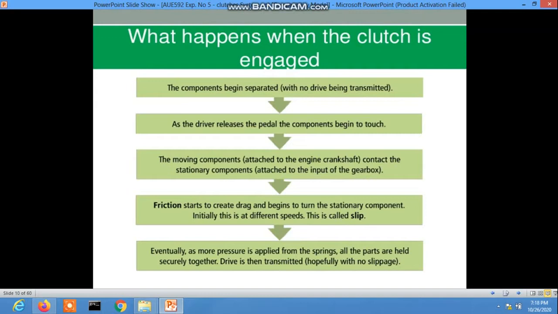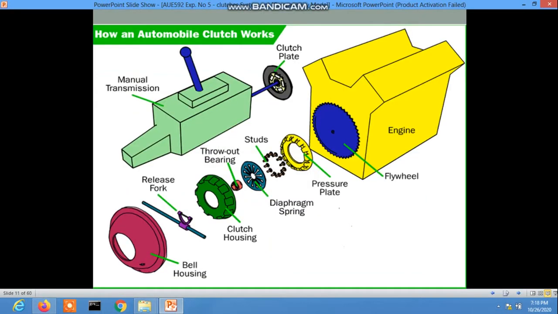Now here is the picture of how an automotive clutch works. This is the manual transmission, this is the clutch plate, and this is the pressure plate. This one is the engine and this one is the flywheel. The clutch plate is located in between the pressure plate and the flywheel. The components are shown separately, and the transmission shaft goes to the manual transmission.